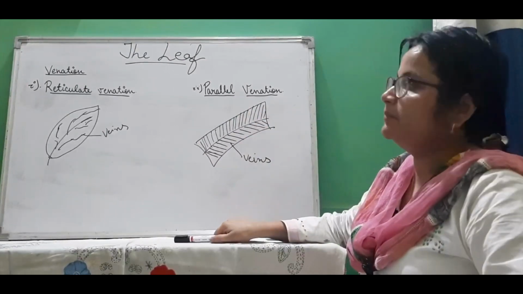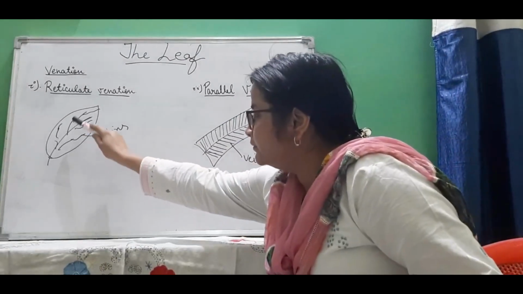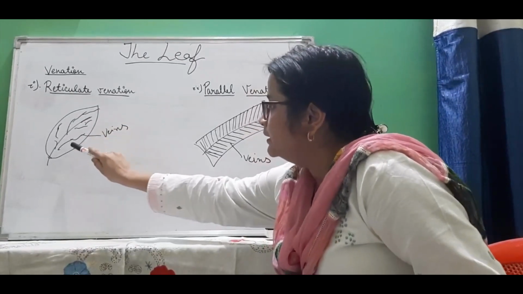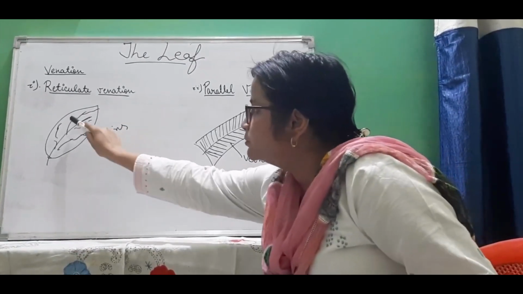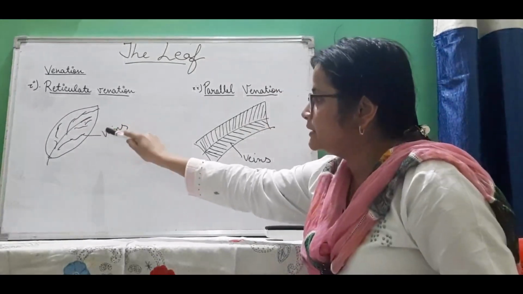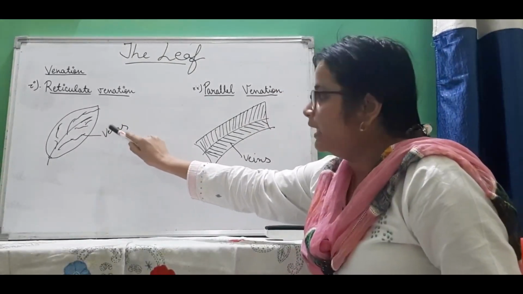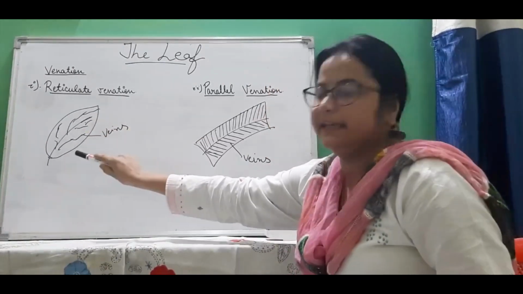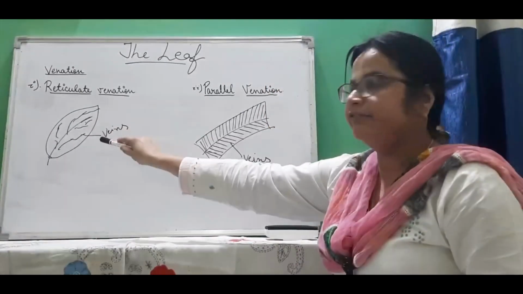Reticulate venation means the veins coming into the lamina are further divided into small thin branches. These small thin branches are known as veinlets, and they form a network in the lamina or leaf blade.